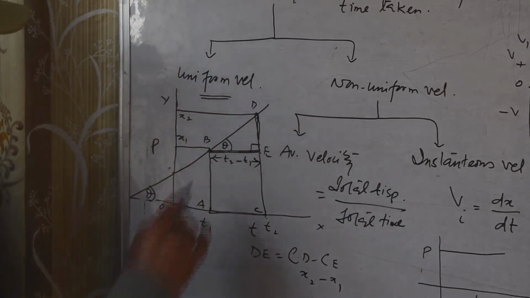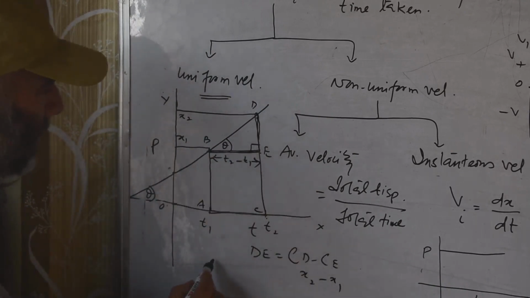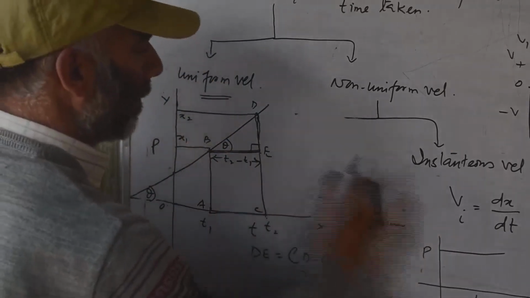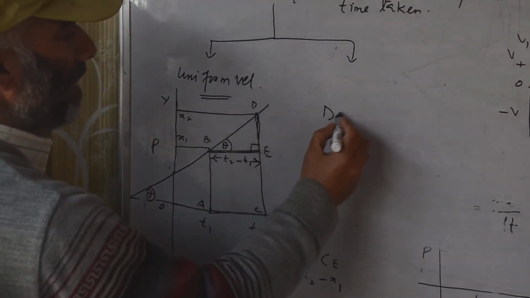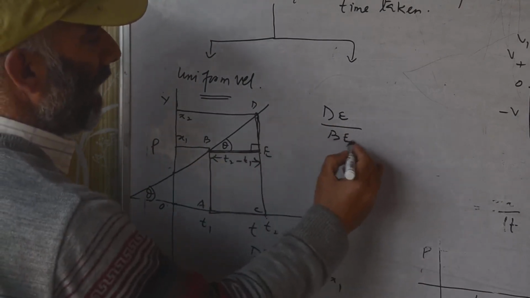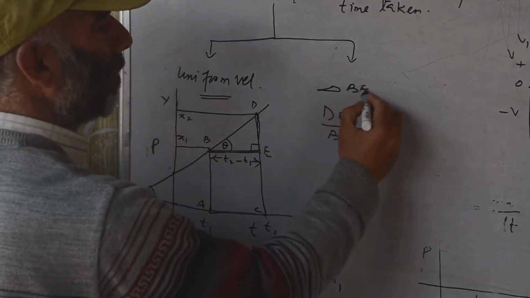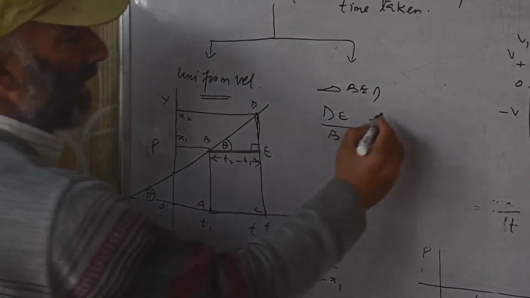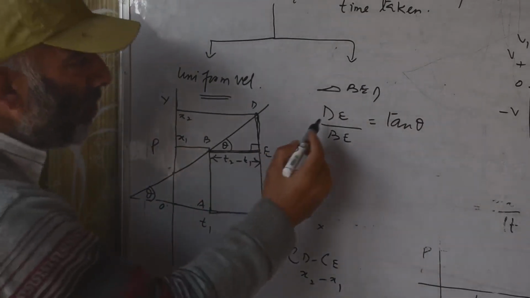So, can anybody tell me, in triangle BED, DE by BE? Yes, exactly, it is tan theta. But what is DE, my students?